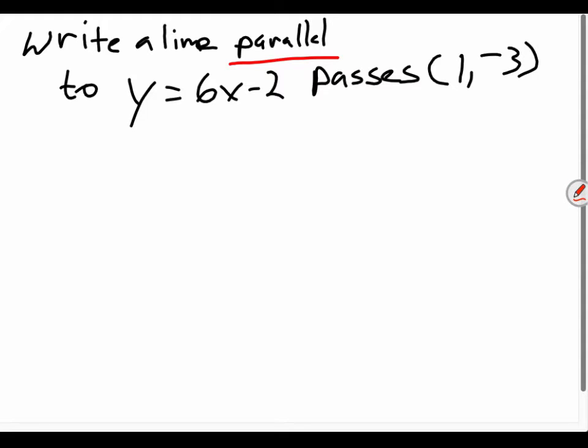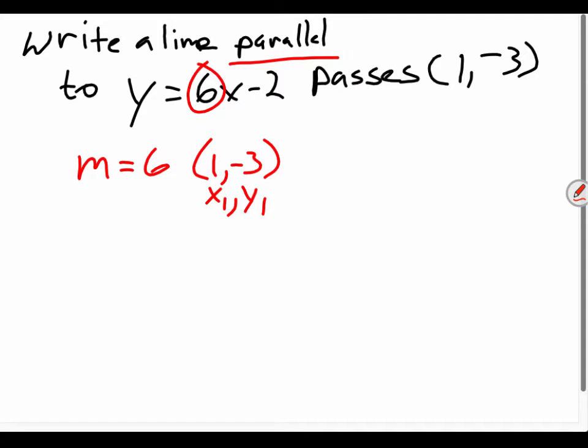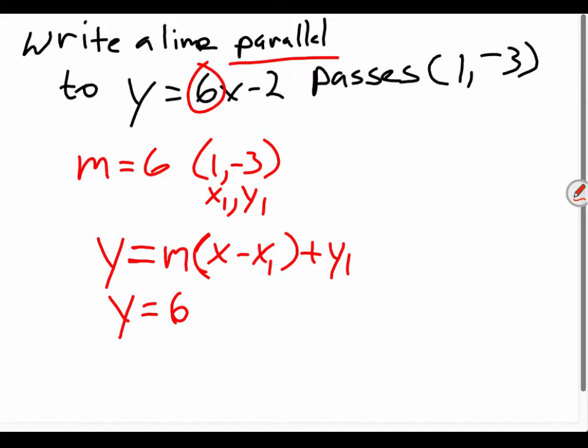Well, because they're parallel, then it has the same slope. So we say that m is equal to 6, and that 1 comma -3 is our x sub 1 comma y sub 1. So to write the equation of the line, I get y is equal to x times the quantity x minus x sub 1 plus y sub 1. Oops, it's m, not x. So then I would say y is equal to 6 times x minus 1 minus 3.